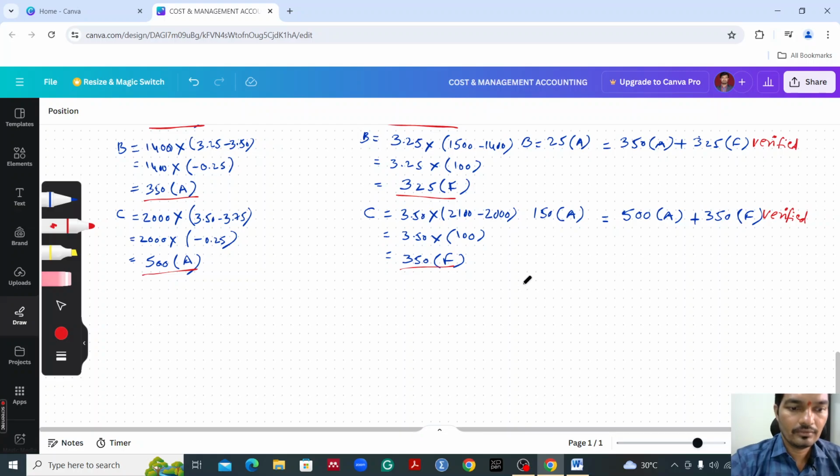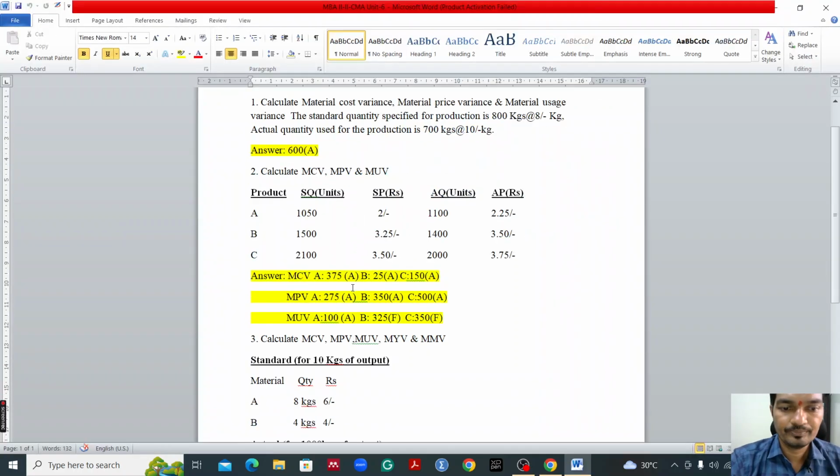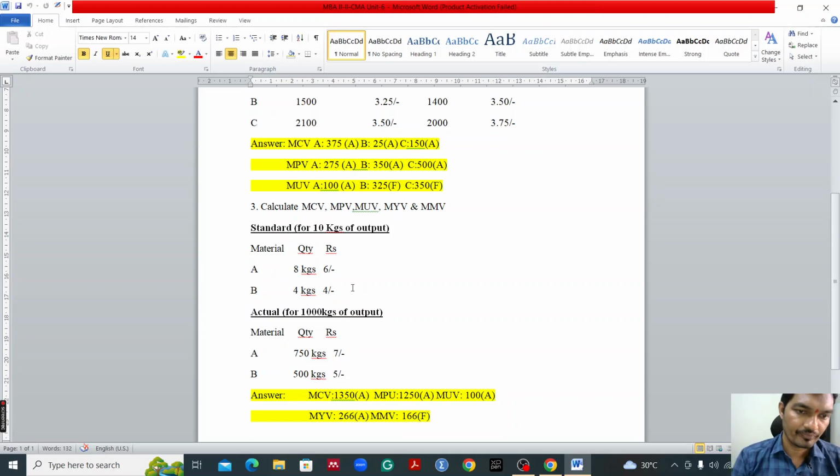So we'll go for one more sum, the last sum for this session. Two categories of materials are given, material A and material B. Here we are required to calculate MCV, MPV, MUV, MYV and MMV.